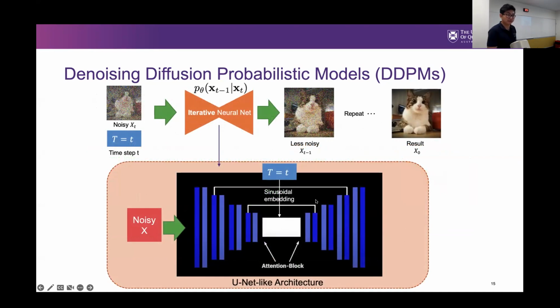Now let's see the diffusion process, which uses a U-net-like architecture. The neural net does something very simple. It just takes in a noisy image and tries to produce a less noisy version of the image.